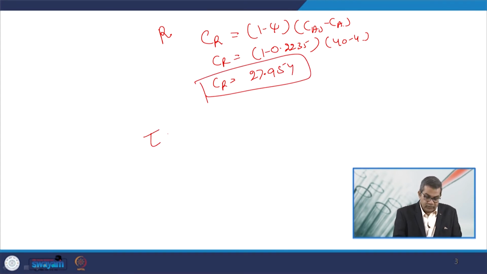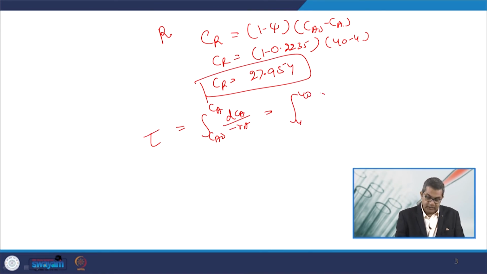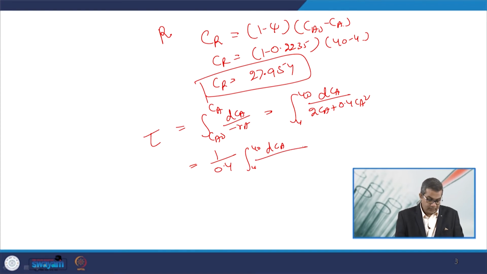And to find tau, tau is equal to the integral of dCa upon (minus Ra), that is from 4 to 40 dCa upon (2 Ca plus 0.4 Ca square). Now this is 1 upon 0.4, integral from 4 to 40 of dCa upon (5 Ca plus Ca square).